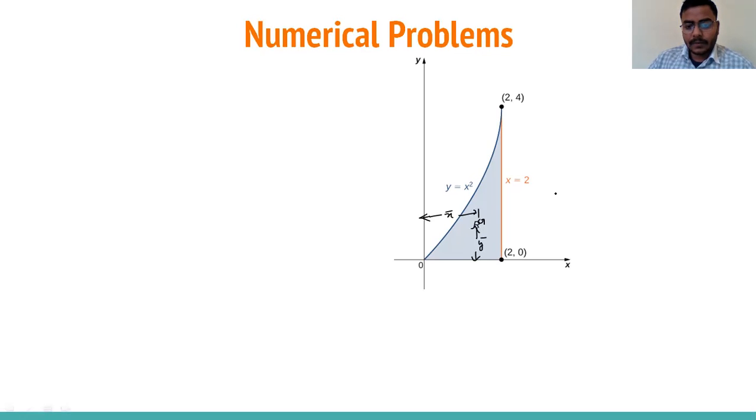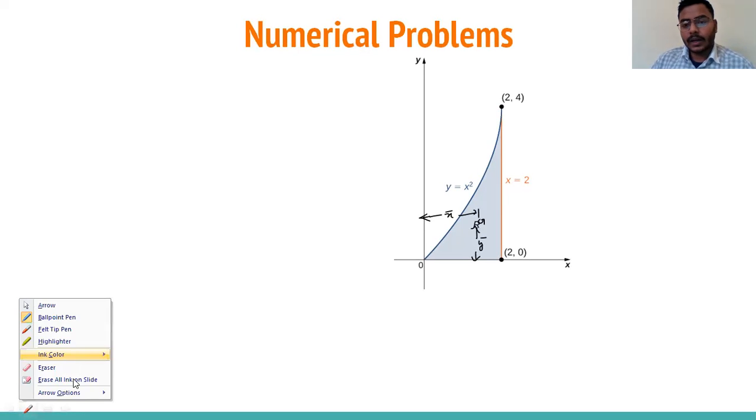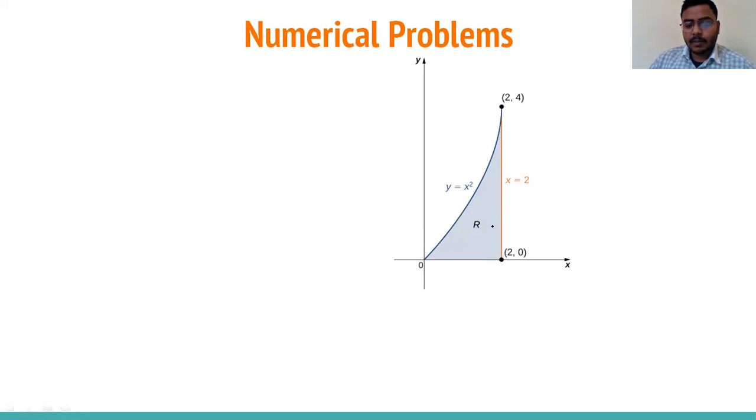Now how can we find it? To find x bar and y bar, take a small segment. I'm taking it parallel to the x-axis to calculate y bar. I'm taking a segment somewhere here, and this segment is at distance y from the x-axis.